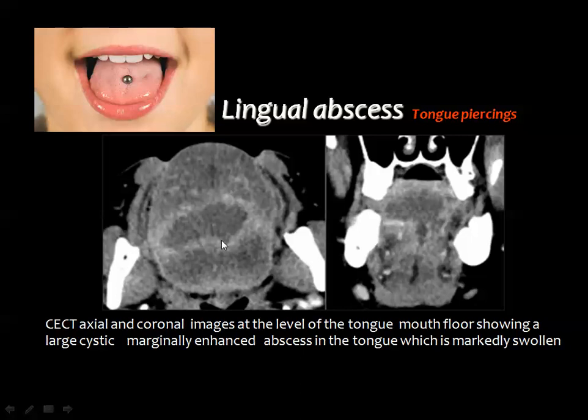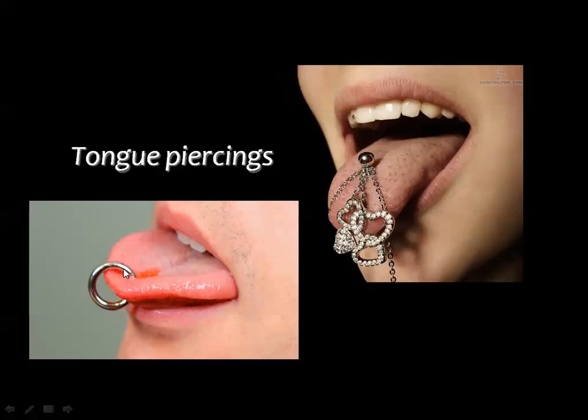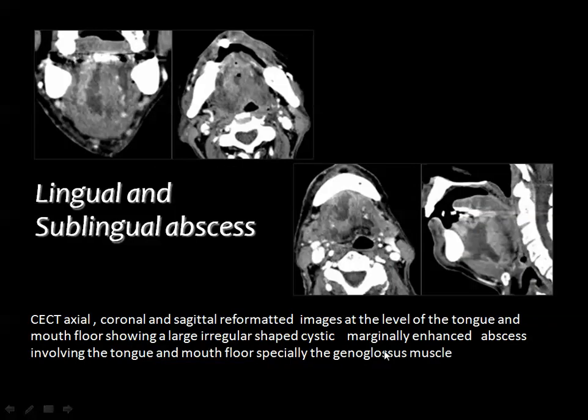And you know the tongue is very rich in blood supply and is resistant to infections, but these materials may injure the tissue of the tongue and lead to the introduction of inflammatory organisms.